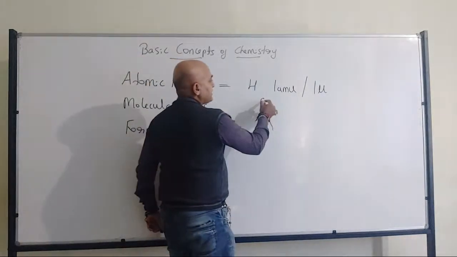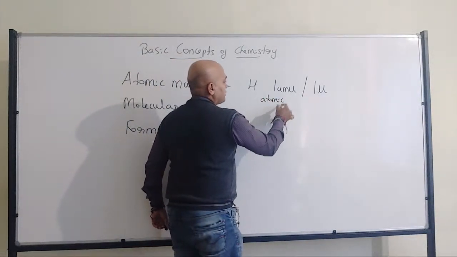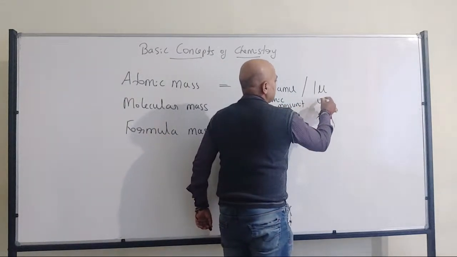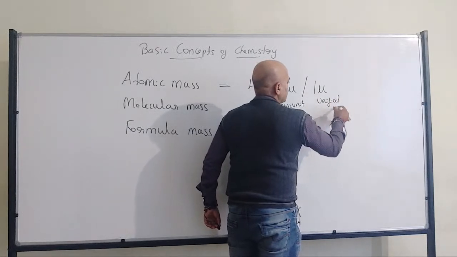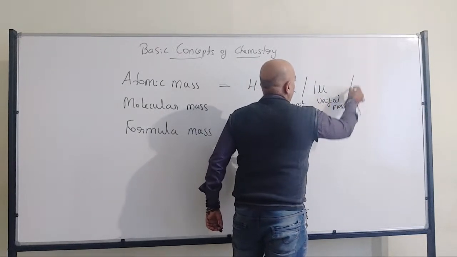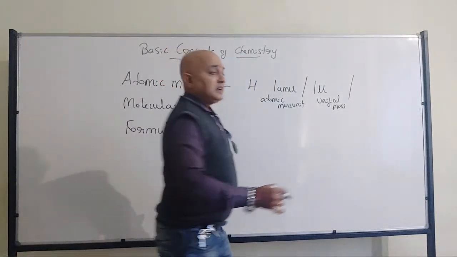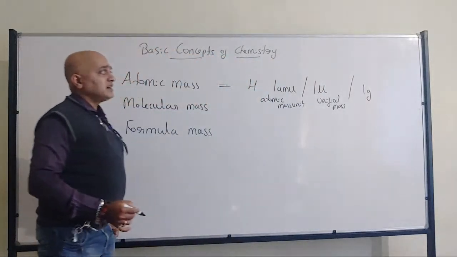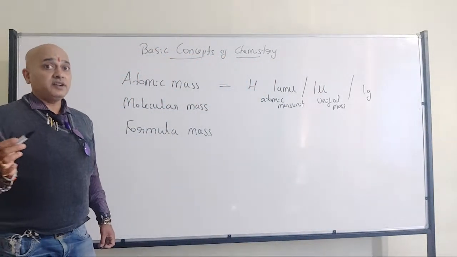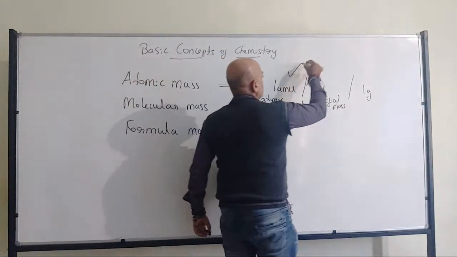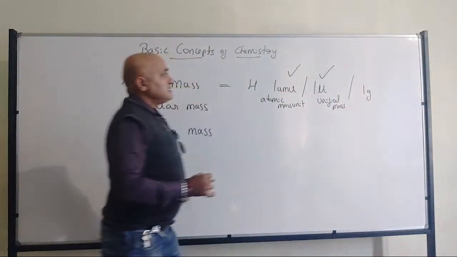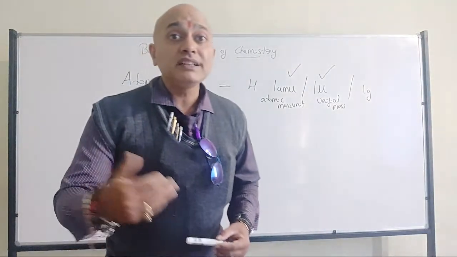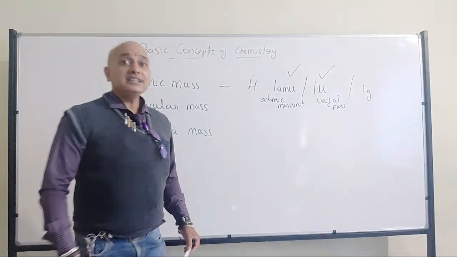This is nothing but atomic mass unit, or this is unified mass, or I can tell it can be 1 gram. Meanings are different. When it comes to these two, they are having same meaning. But when it comes to 1 gram, now the meaning will change.